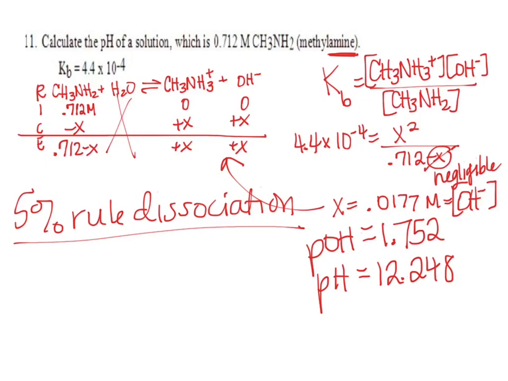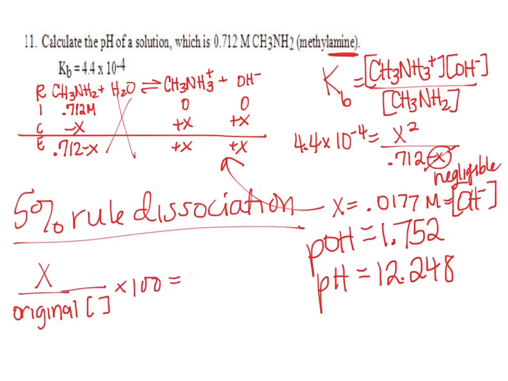So how do we figure that out? What you need to do is take your X, put it over your original concentration, times 100.